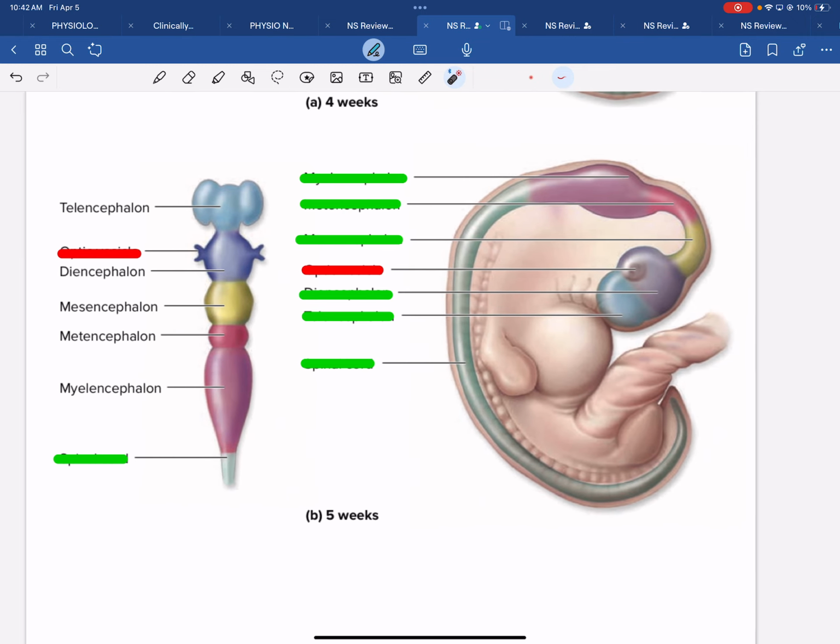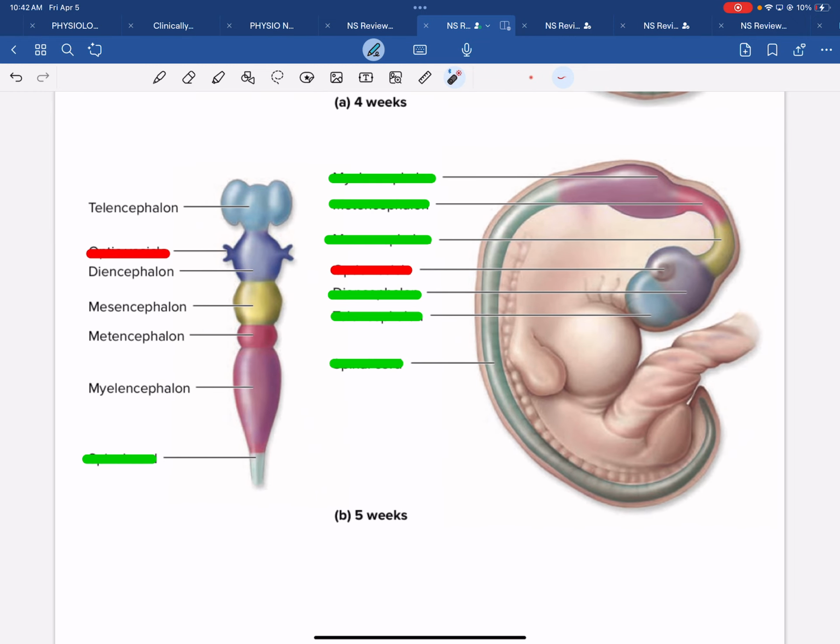Okay, let's do it again, but out of order. What is this one? Good, the metencephalon. What about this one? The telencephalon. What is this? Spinal cord. What is this?